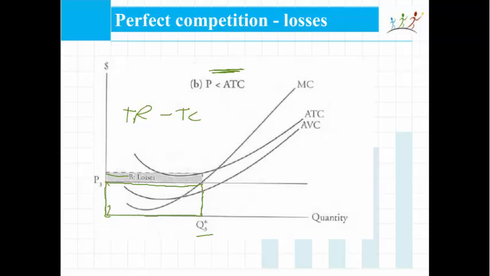What are the total costs? That is the average total cost multiplied by the quantity. At a quantity of Q3, what is the average total cost? It is represented by the red dot. So what will be the total cost? It is the average total cost multiplied by the quantity. It will be the rest.